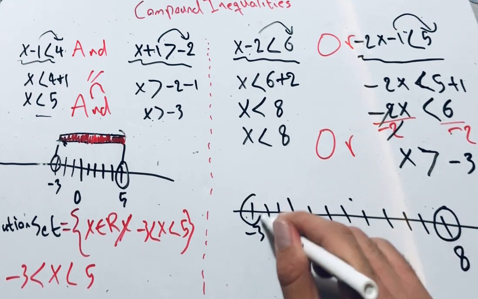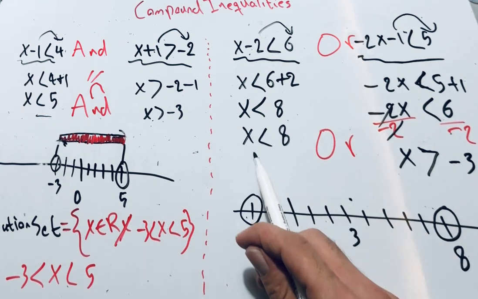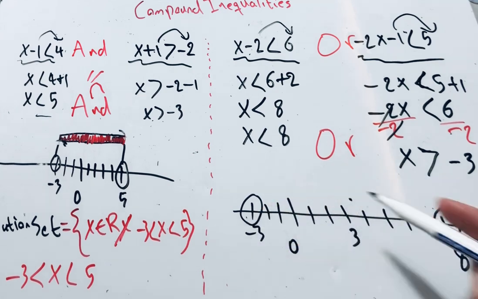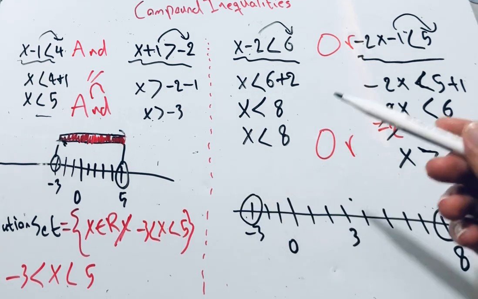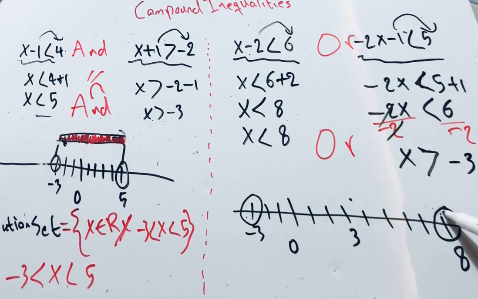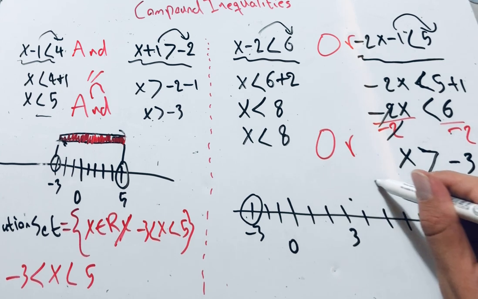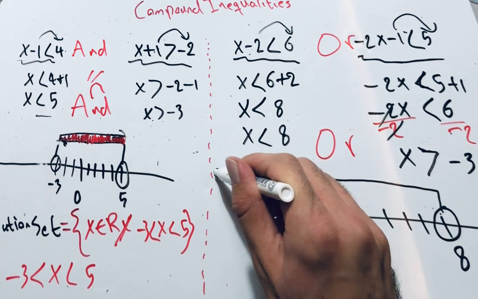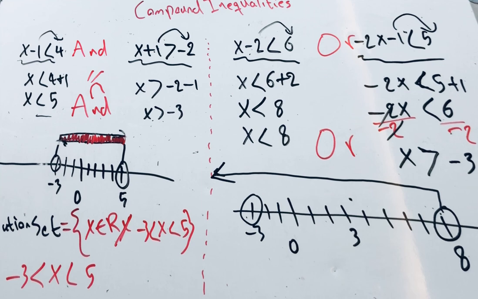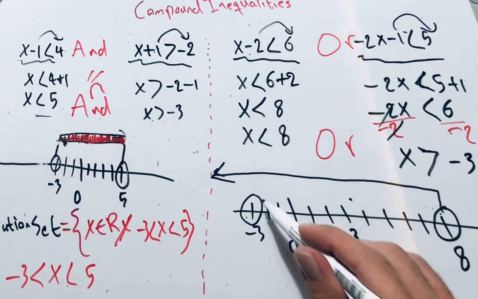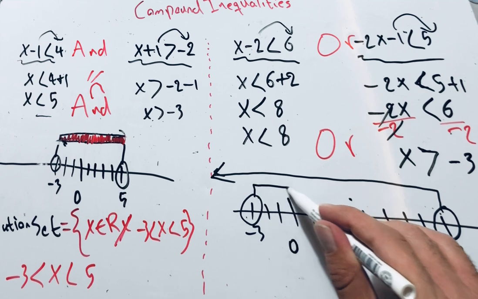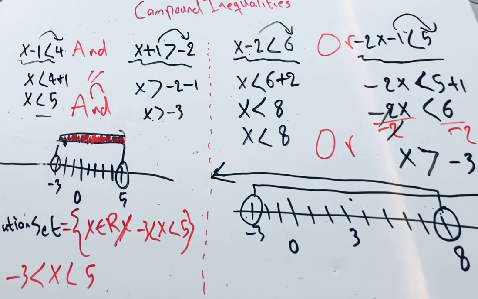So we want x to be smaller than 8. We know that if you go to the left side, you will get the smaller values. So from 8, we're going to start and go to the left side like this and not stop. And then this one says x is larger than -3. Larger numbers are at the right side, so like this.